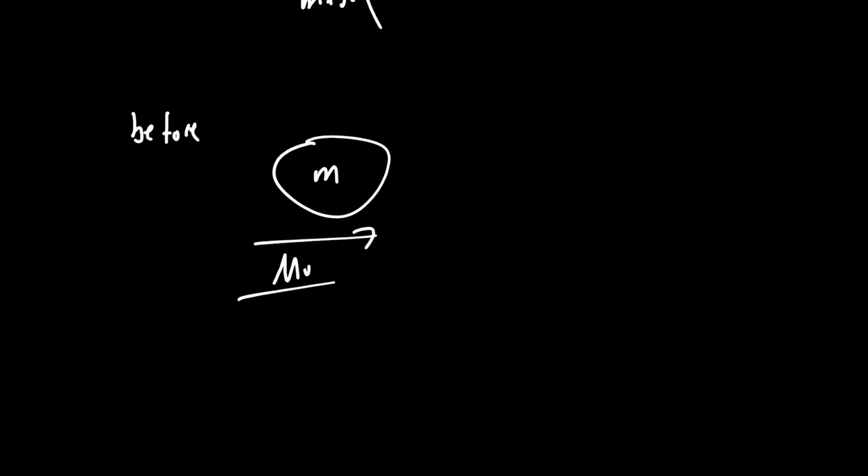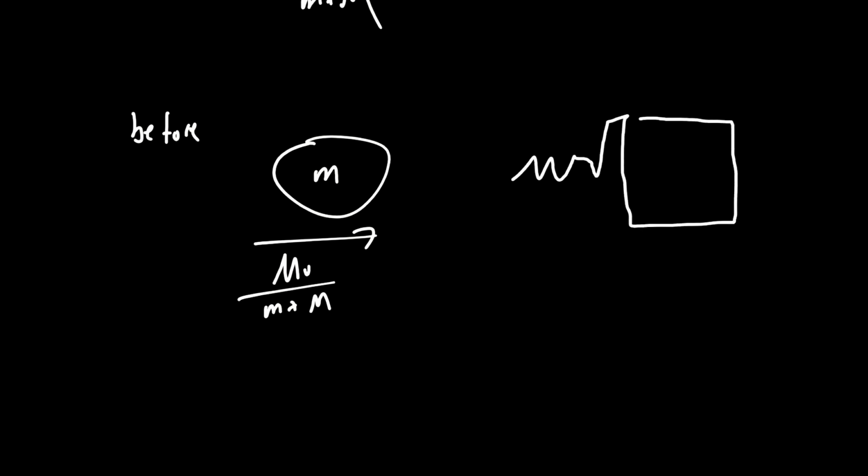So then, once I have a look at my before and after, this is going to be before: the little mass moving at big M v over little m plus big M, and then my mass on the spring. It's a terrible spring, but it sort of does the job. That one moves with little m v over m plus M. That's my before.